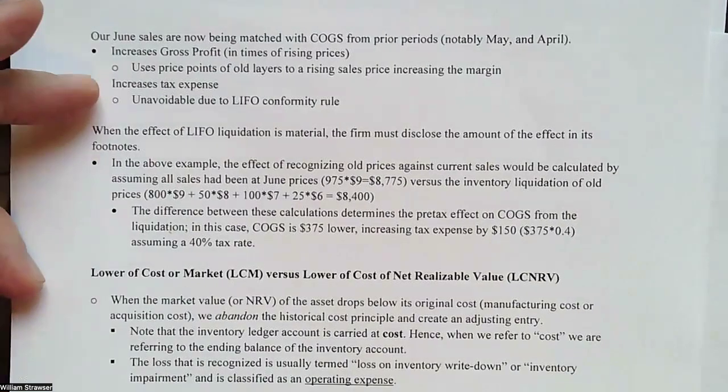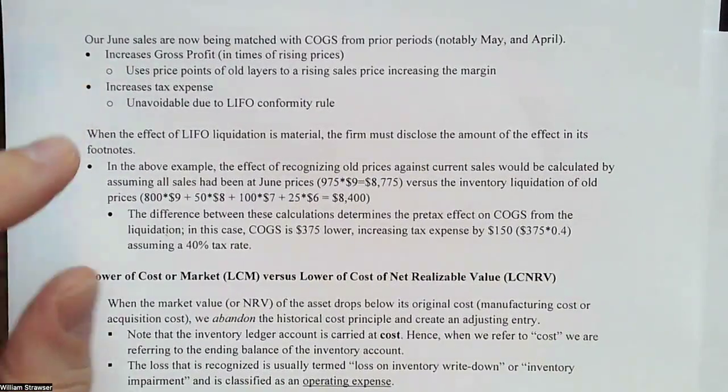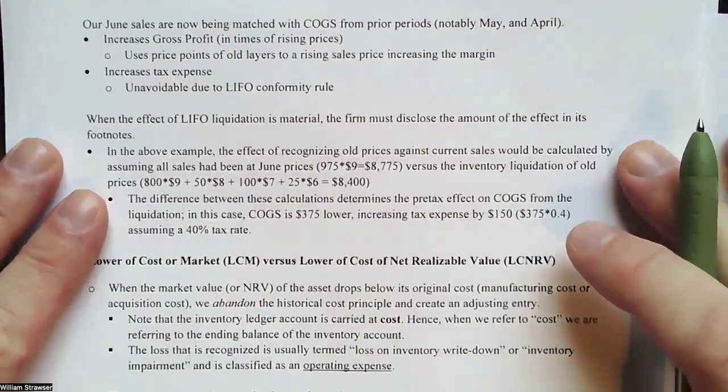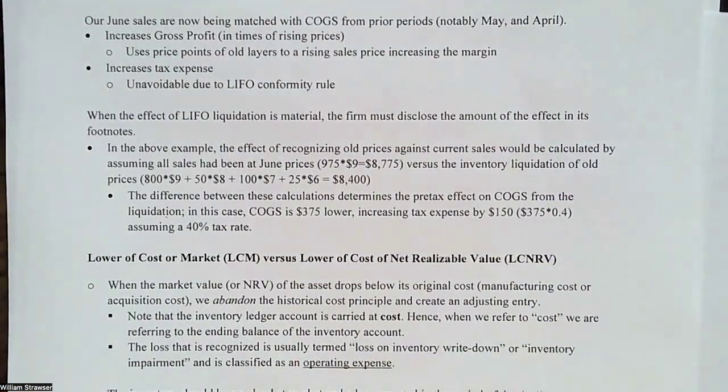And this increases tax expense, which is unavoidable because of the LIFO conformity rule that says basically when we use LIFO for our taxes, then we have to also use it for our financial reporting. So when this effect becomes material, the company has to disclose the effect of the LIFO liquidation in the footnotes and reveal the amount of inventory profits for the period.